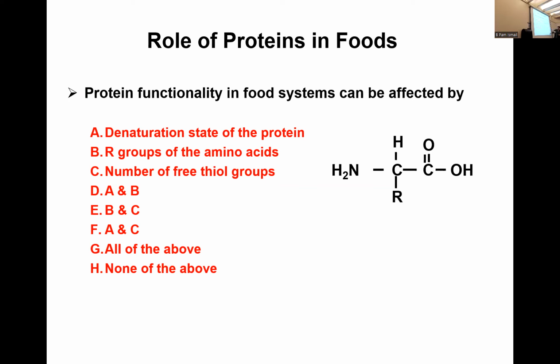So this R group is so important. And that's why we need to know the R groups of all our amino acids, because then this will explain how different proteins from different sources behave. The number of thiol groups is very important when we have cysteine. The cysteine has thiol groups.